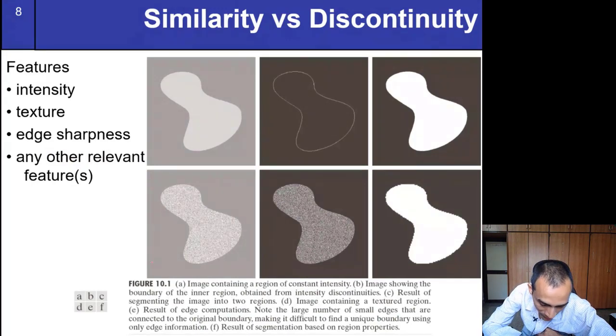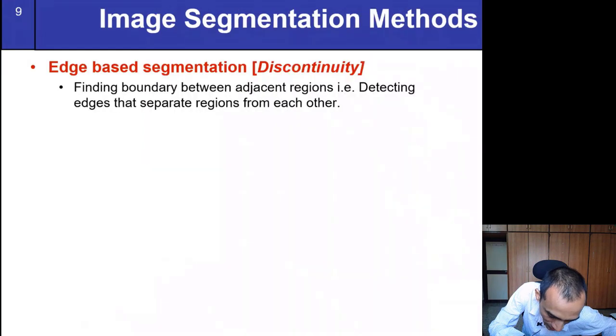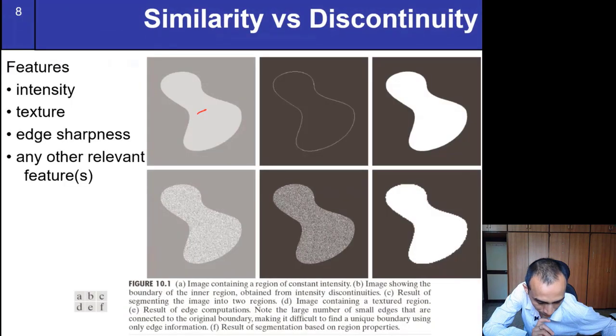Let us say we have this image, which has just one region, probably with some intensity value, let us say I1, and the background intensity value is I2. The best way in this case to segment out this image is using a similarity feature, because you can see which pixels have similar intensity values.